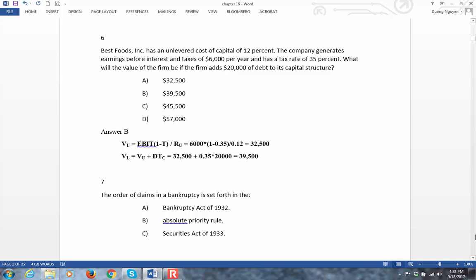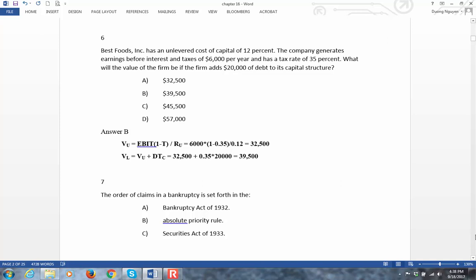Question number 6. Best Foods has an unlevered cost of capital of 12%, and the company generates earnings before interest and taxes of 6,000 per year and a tax rate of 35%.